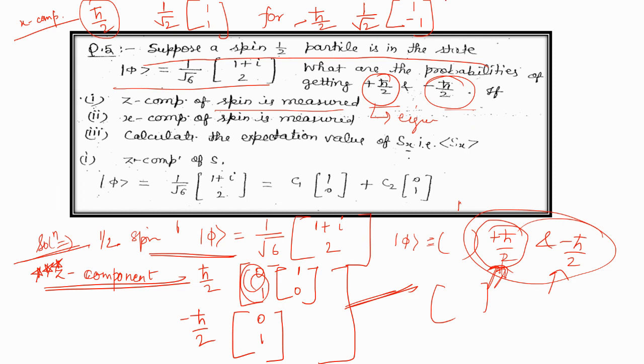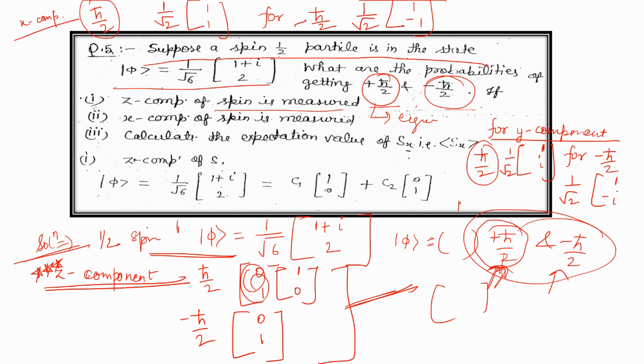And for y component, this is very important, huh? For h cross by 2, the vector will be 1 upon root 2, 1 iota. And for minus h cross by 2, it will be 1 upon root 2, 1 minus iota. You can write these things.